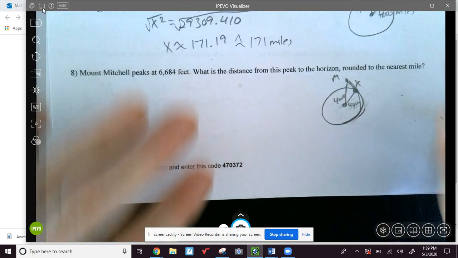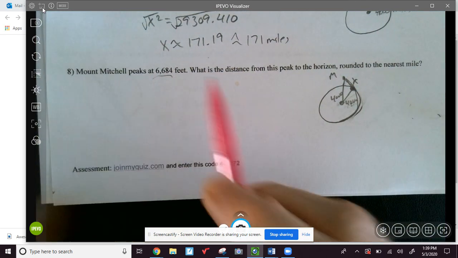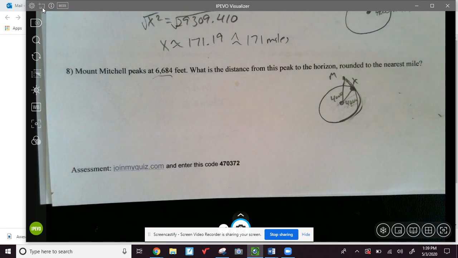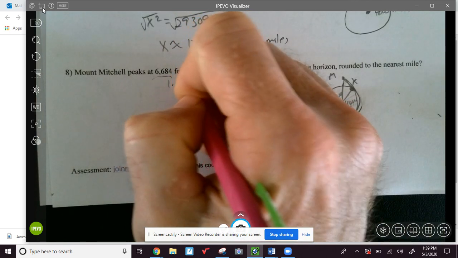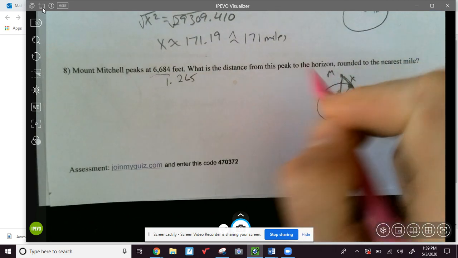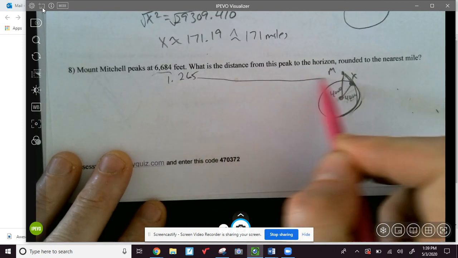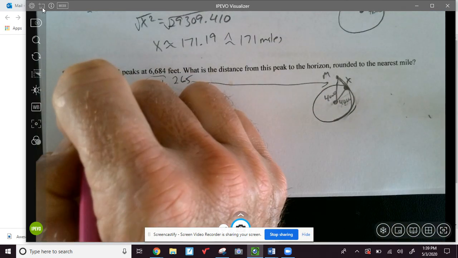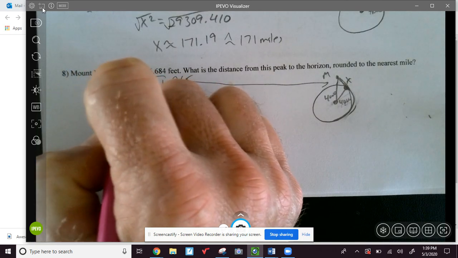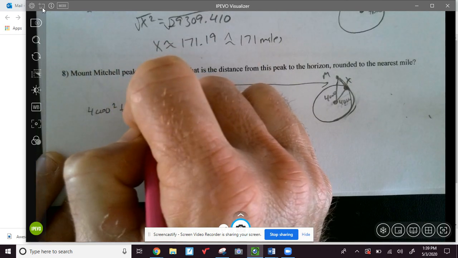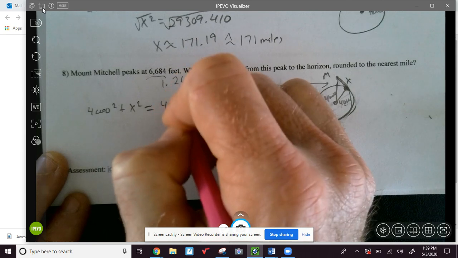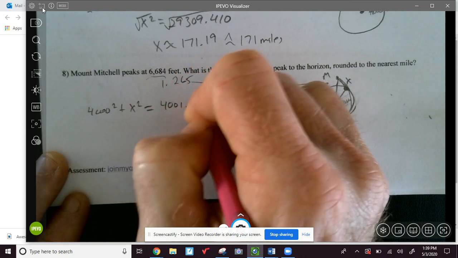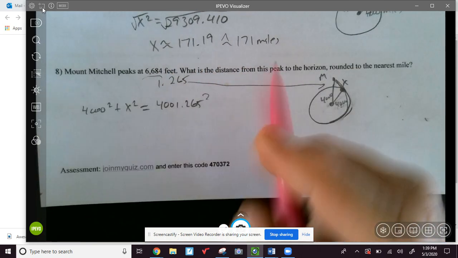Trying to find that, this is 6,684 feet. I divided that by 5,280, and that was about 1.265 miles. So we have 4,000 squared plus x squared equals 4,001.265 miles squared.